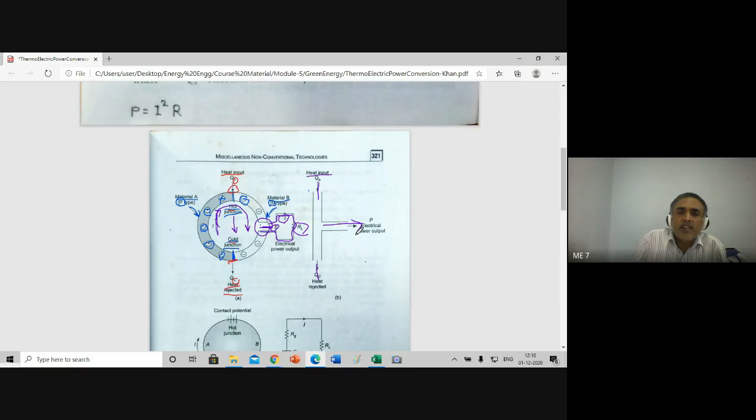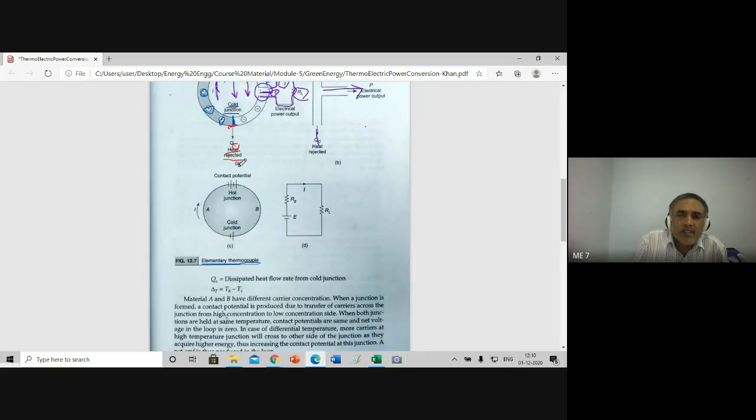The same thing can also be represented like this: the hot junction is a battery-type contact potential, the cold junction another, and the current flows in this direction, with the generator resistance and the EMF.